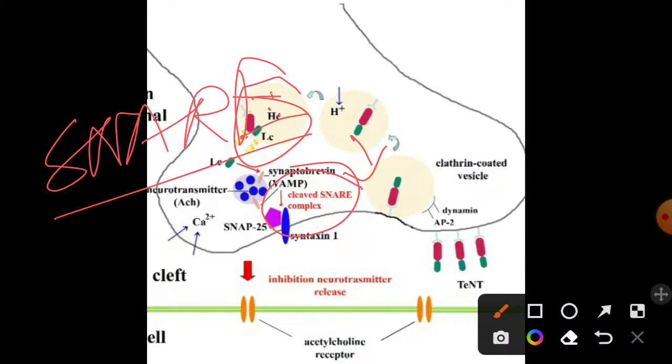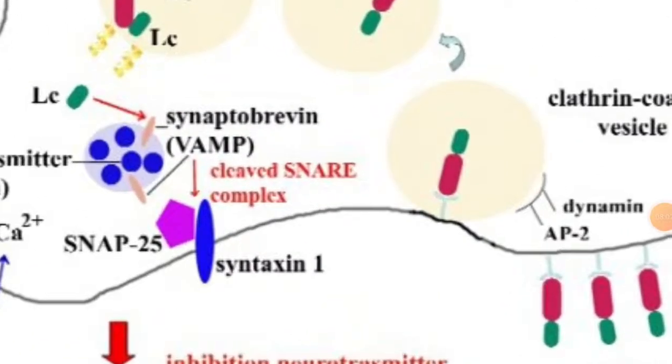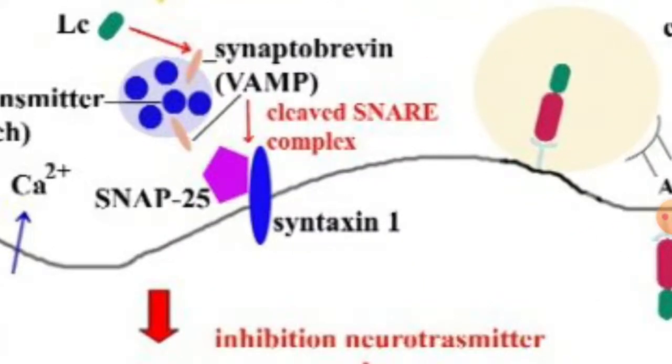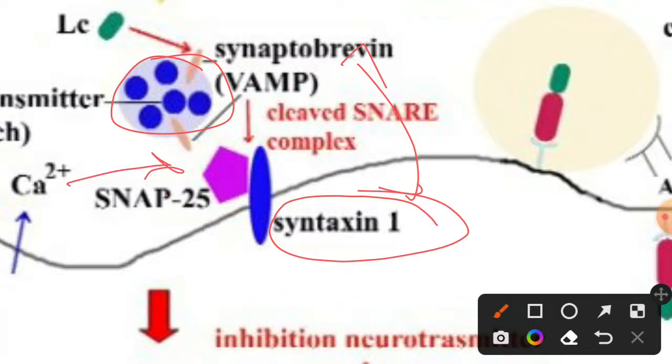This SNARE protein will pull those vesicles towards the neuron membrane, and in the neuron membrane, if I zoom this picture, then you can see that there is a special type of protein named syntaxin. The crosstalk between syntaxin and synaptobrevin is important for the release of those transmitters, okay, and the crosstalk is facilitated by SNARE proteins, for example SNAP25, okay.